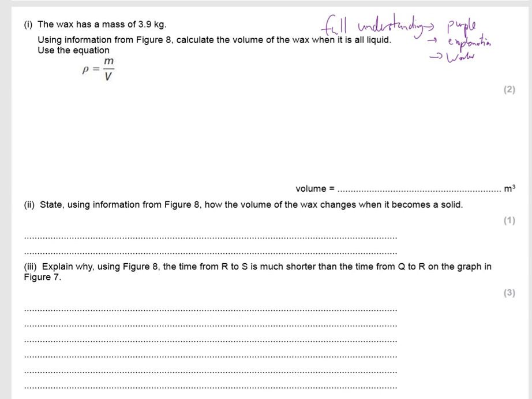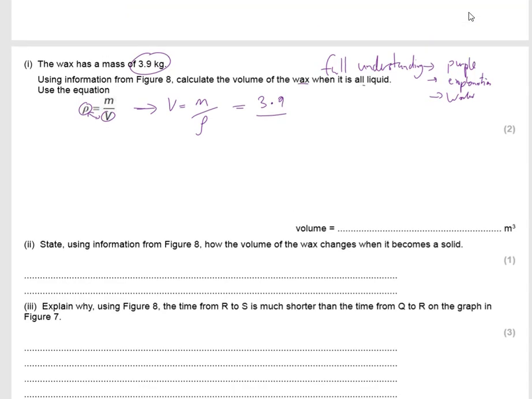Now we're going to be using the figure here to work out the volume. First of all, we're going to use the volume. So what we have is volume is equal to mass over density. So all we're doing is taking this and this, and just swapping the places around. Now the mass we know is already 3.9 kilograms. Now we're going to be looking for the volume of the wax when it is all liquid.